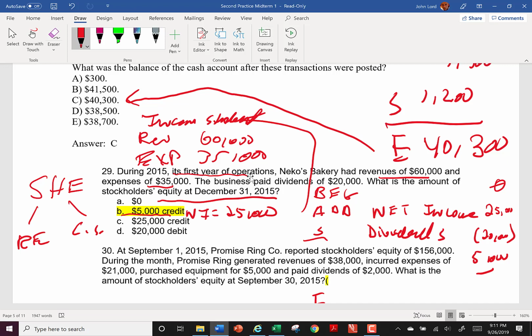And I credit the dividend for 20,000. When I credit dividend for 20,000, dividend is now zeroed out, isn't it? Which is what I want. Okay. And when I debit retained earnings for 20,000, it ends up with a credit balance of what? 5,000, because the credits I put in there are more than the debits, right?